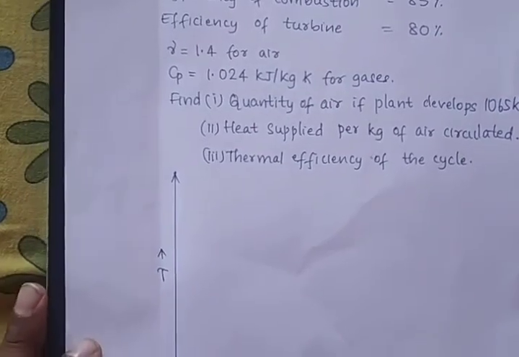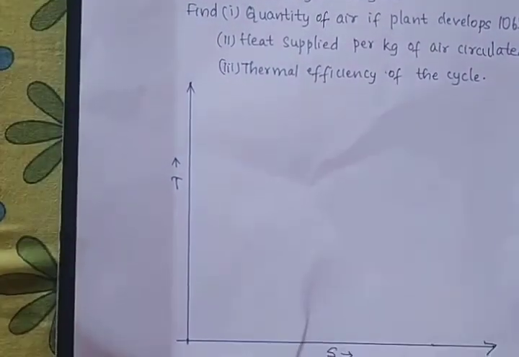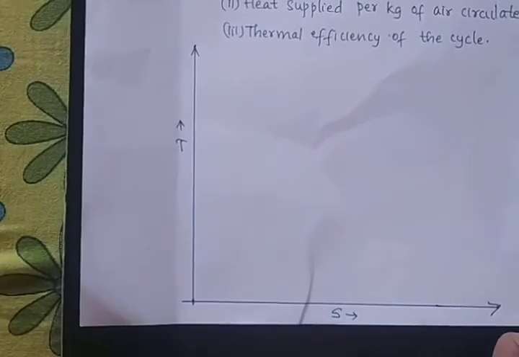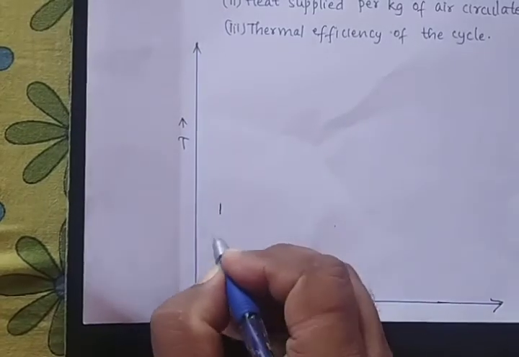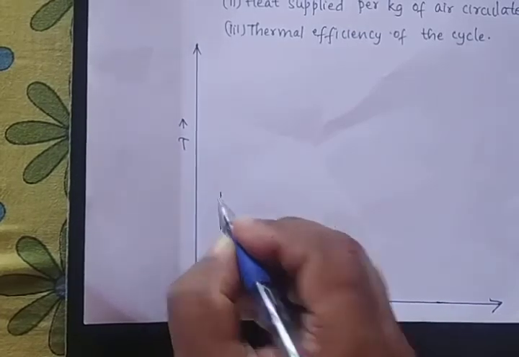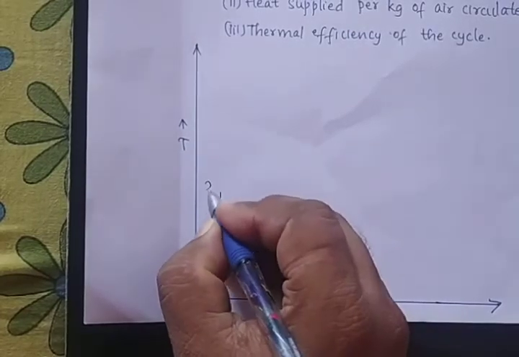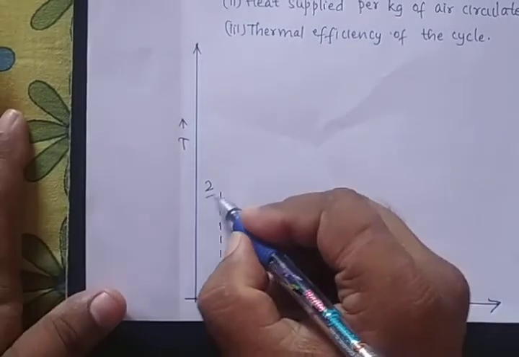So he says 1 to 2 process is isentropic and he has given us the efficiencies of the compressor. So 1 to 2 ideal, 1 to 2, and then the heat is added at constant pressure.